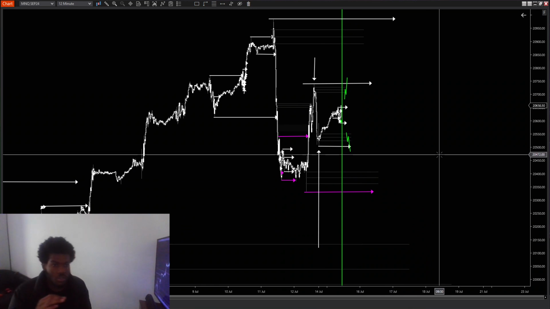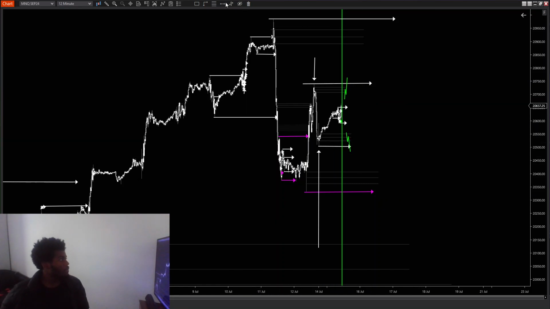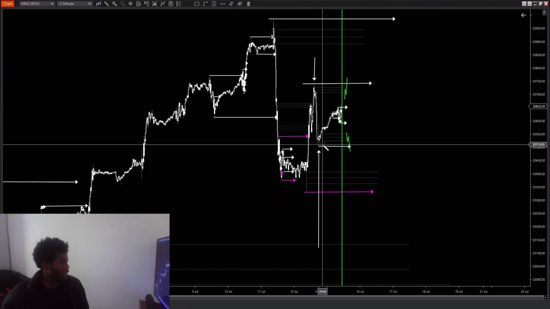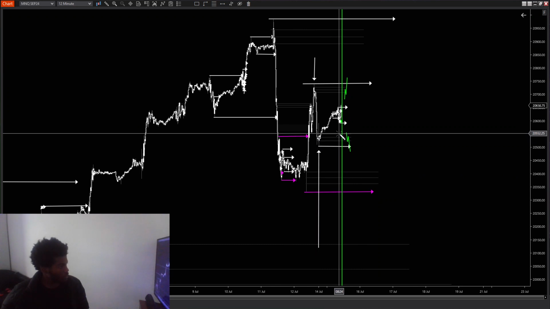I say it's a weak low because I'm observing the market from a higher time frame perspective that allows me to discern the usefulness of a high or low. Because though this low is weak from a higher time frame, it's not weak from a lower time frame.